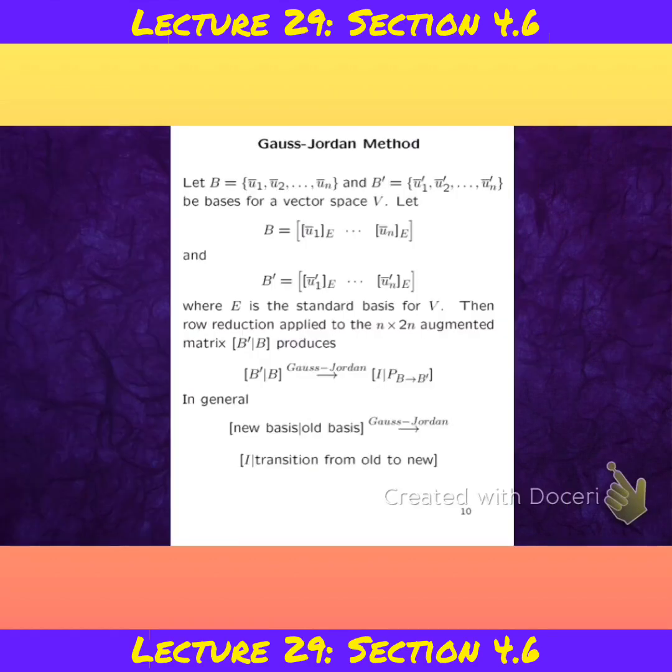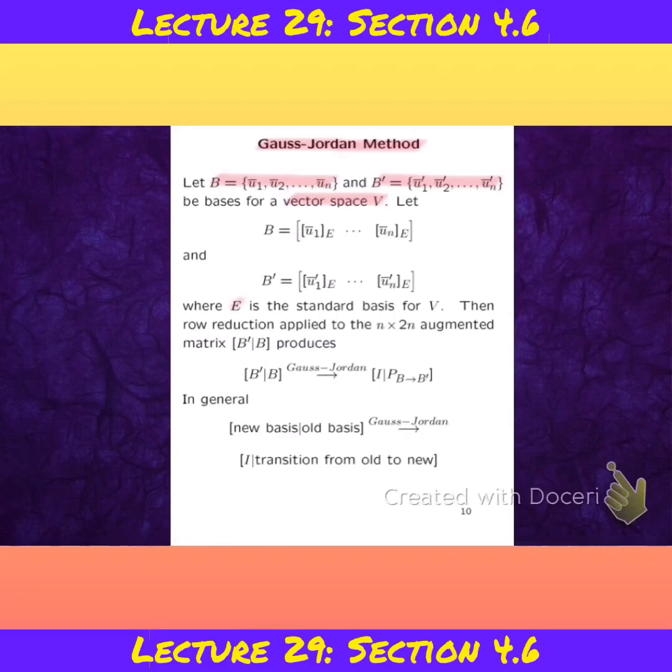Now, it happens that there's another method we can use to jump from one transition matrix to the other, and it's the Gauss-Jordan method. So again, given two bases of a vector space V, we distinguish between two matrices, B and B prime. B is formed by taking all the vectors in B and forming the columns of this matrix as follows.